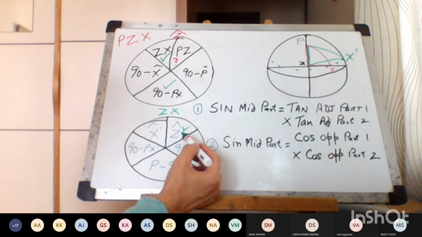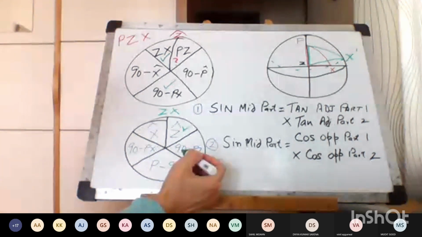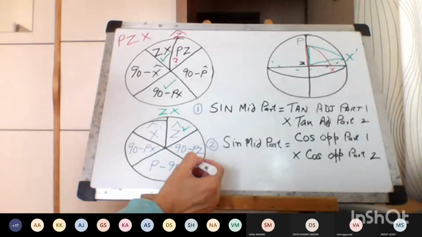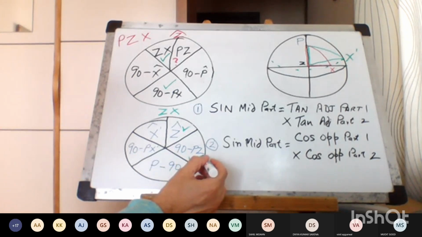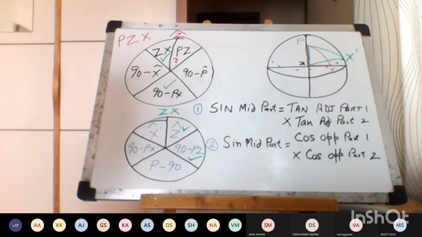And I know my latitude, and I have to find my longitude. How do I find my longitude from here? Sir, angle P. The angle P will give me the LHA.